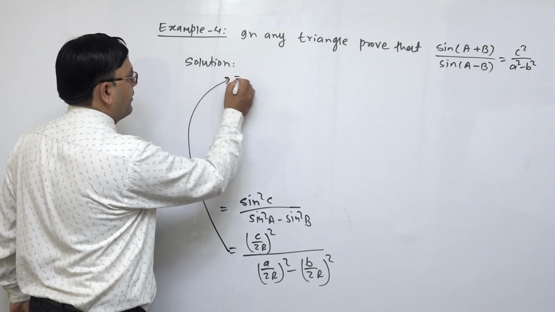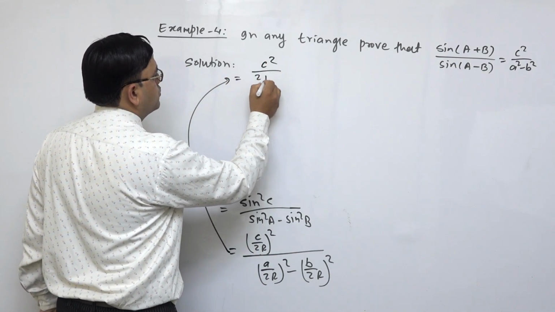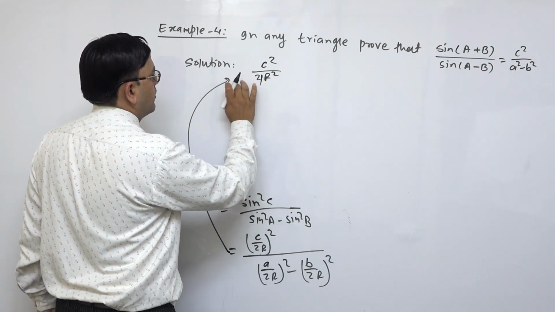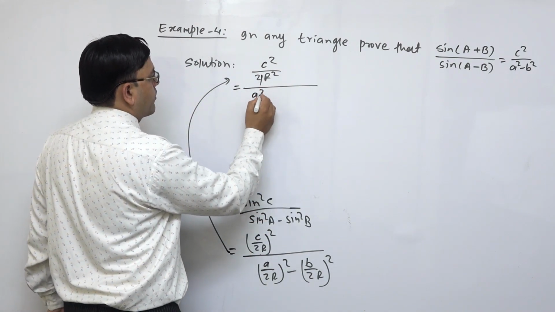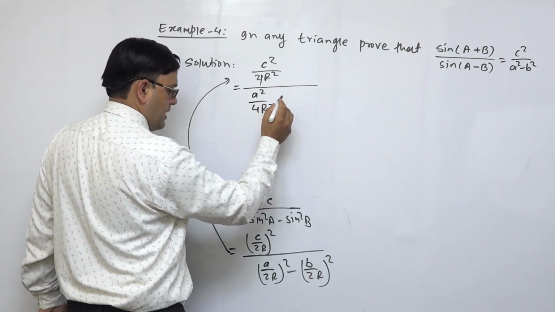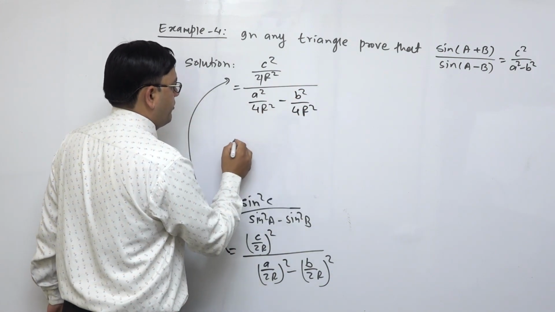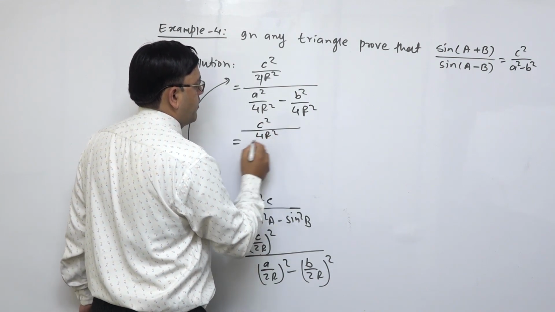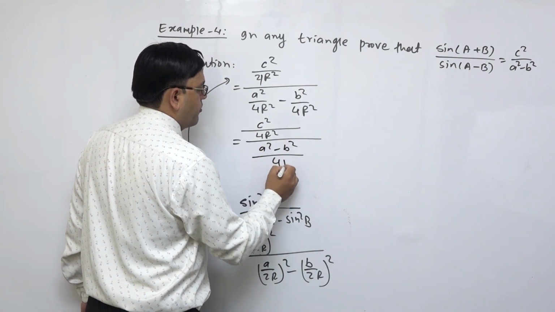Now this is equal to c square by 4R square upon a square by 4R square minus b square by 4R square. So this is equal to c square by 4R square whole upon a square minus b square by 4R square.